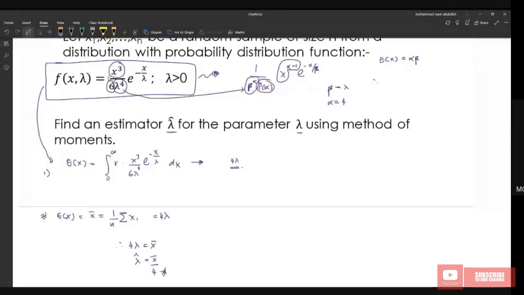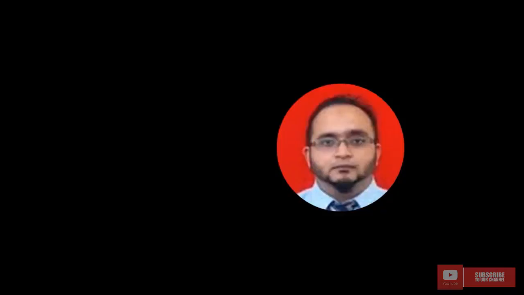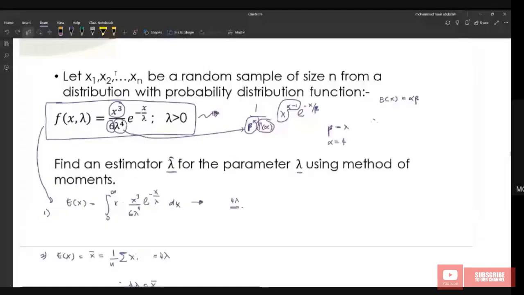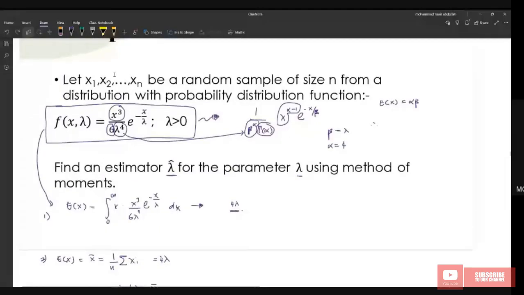That's all. If you can identify the distribution, you can match it with an existing PDF that we know, and you can save the time of finding the expected value of x.